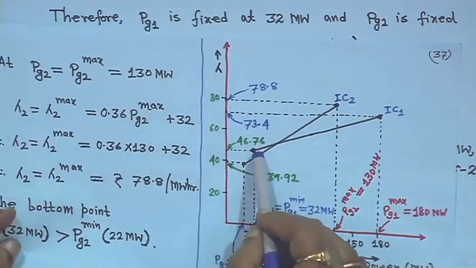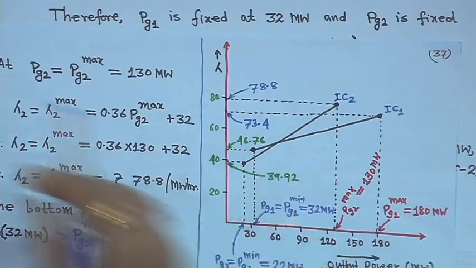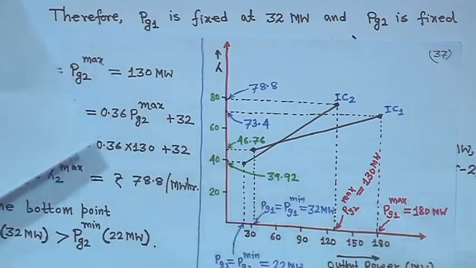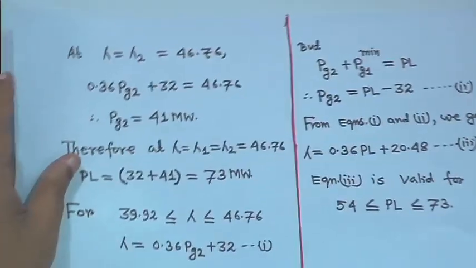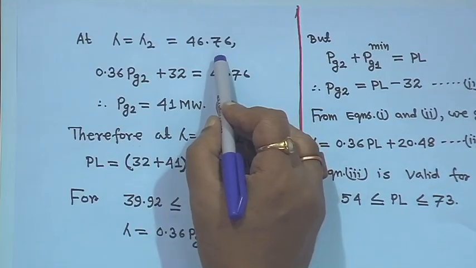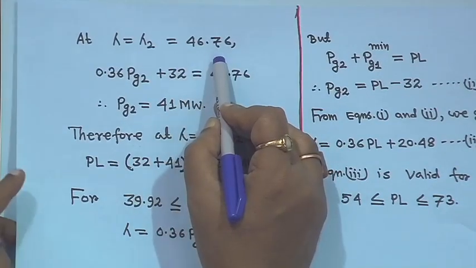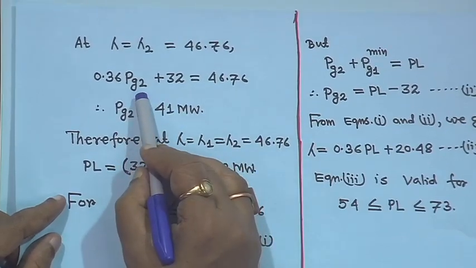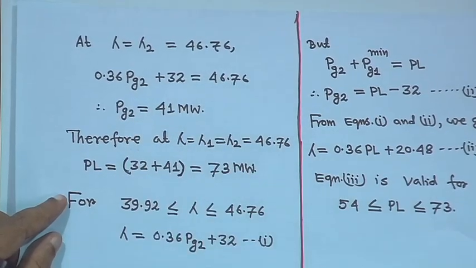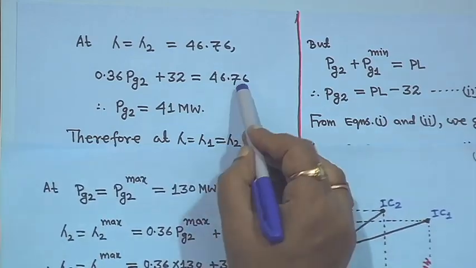That is 46.76. That means, at lambda equal to lambda 2 equal to 46.76, 0.36 PG2 plus 32 is equal to 46.76.